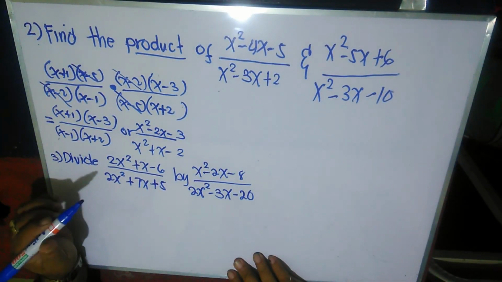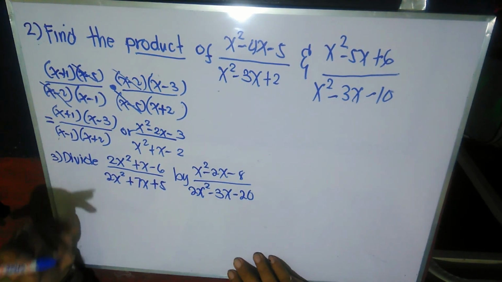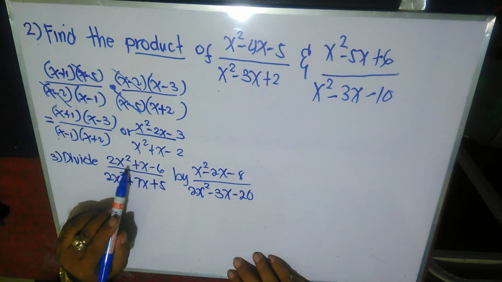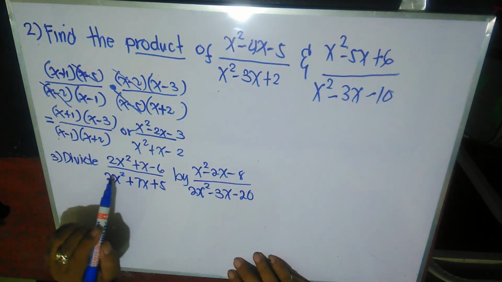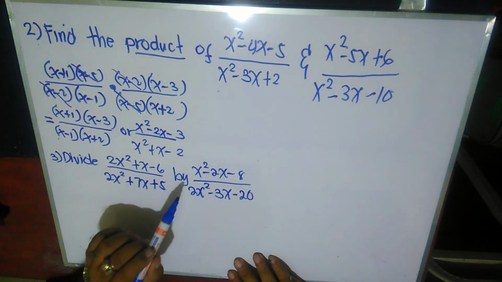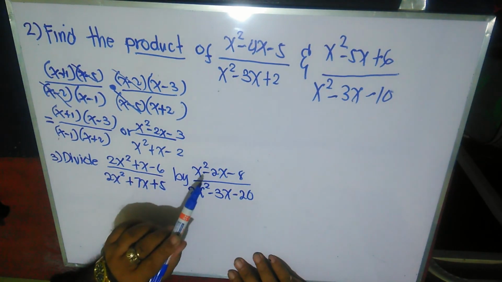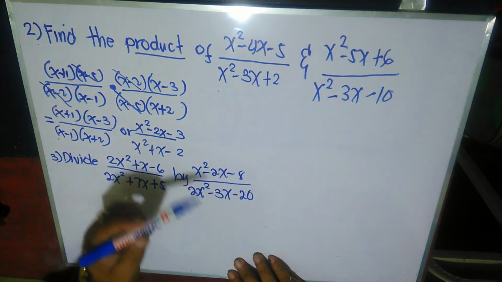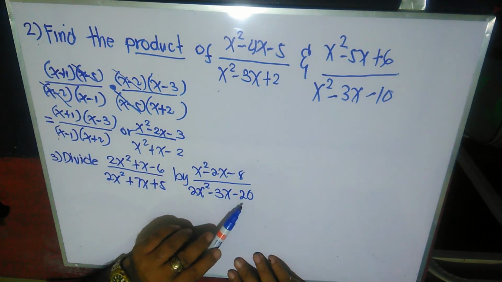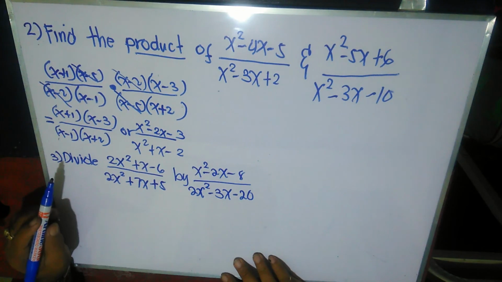Let us proceed to review problem number 3. Divide 2x squared plus x minus 6 over 2x squared plus 7x plus 5 by x squared minus 2x minus 8 over 2x squared minus 3x minus 20.